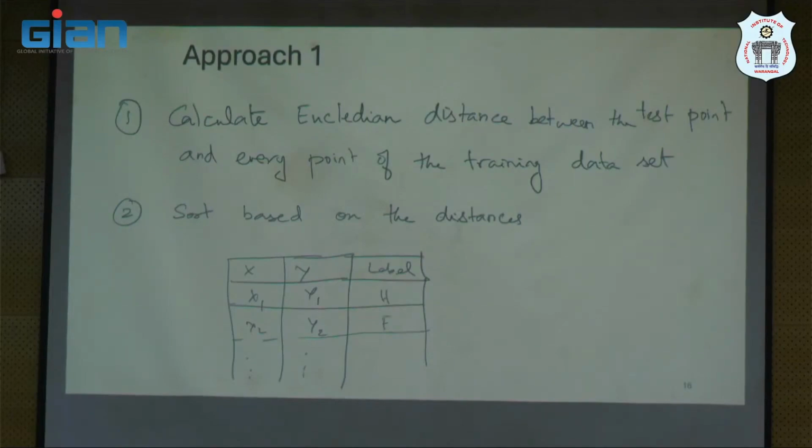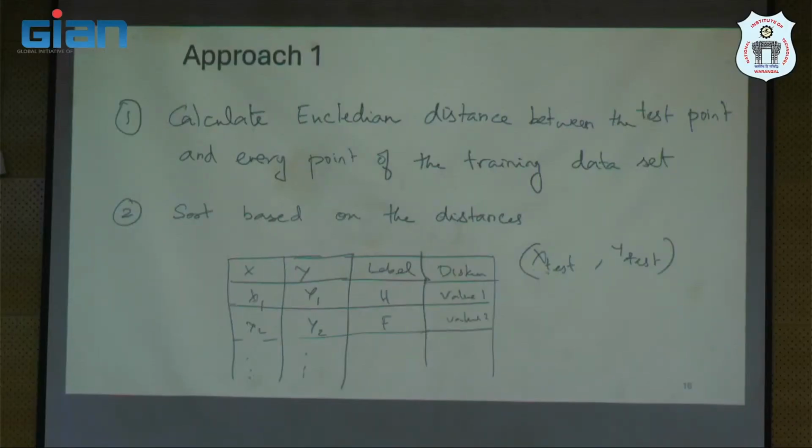Whenever a test point comes, x test, y test, you will calculate the distance with every point, the distance between x1, y1 and x test, y test, and you will add it here as a distance column, value 1, value 2, like that.